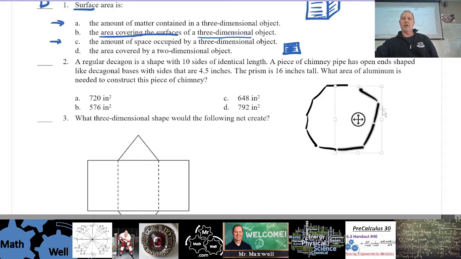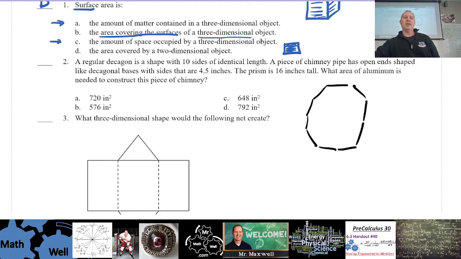We don't have to draw it perfectly. I'll try and fix it a little bit here. Let's bring this in a little bit. Okay, close enough. These angles are all wrong, but 10 spots. Okay, so 4.5 inches is the length of each side, right?